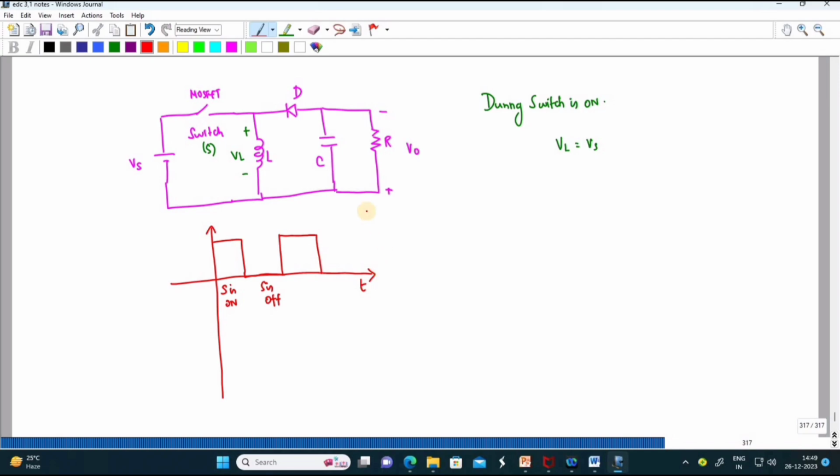The current across the inductance will increase when the switch is on. This is IL.